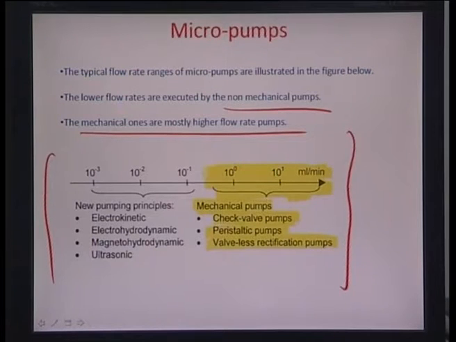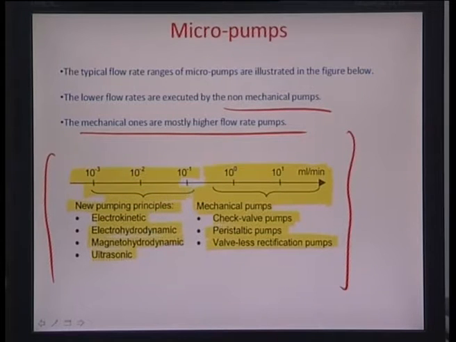They are more in the 10 to 1 microliter or milliliter per minute range, the high flow rate range. On the other hand, new pumping principles which are non-mechanical, like electrokinetic pumps, electrohydrodynamic pumps, magnetohydrodynamic pumps and ultrasonic pumps, are more towards the left of this figure.